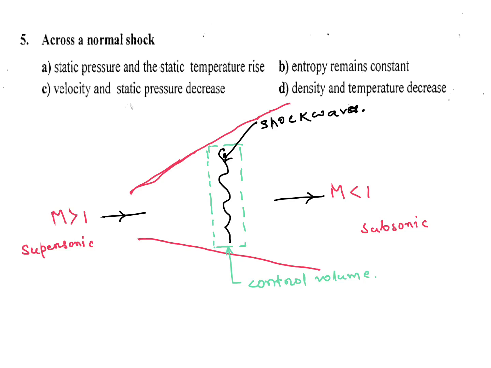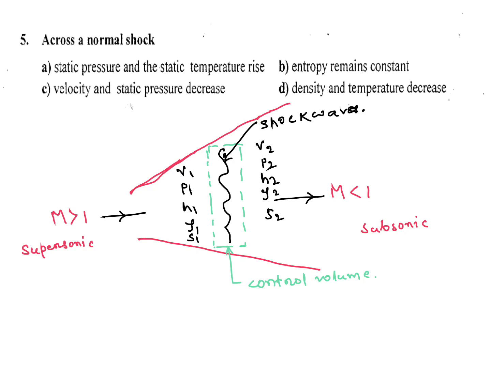Here the properties are velocity, then pressure at inlet, and enthalpy before the shock. These are before the shock: enthalpy, density and entropy. And after the shock, it's V2, P2, H2, ρ2 and S2.